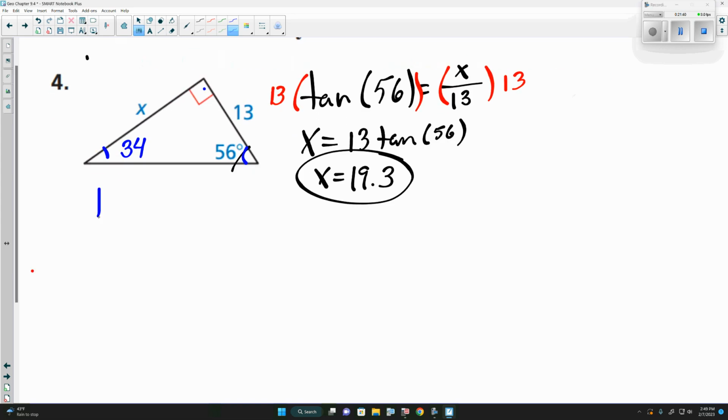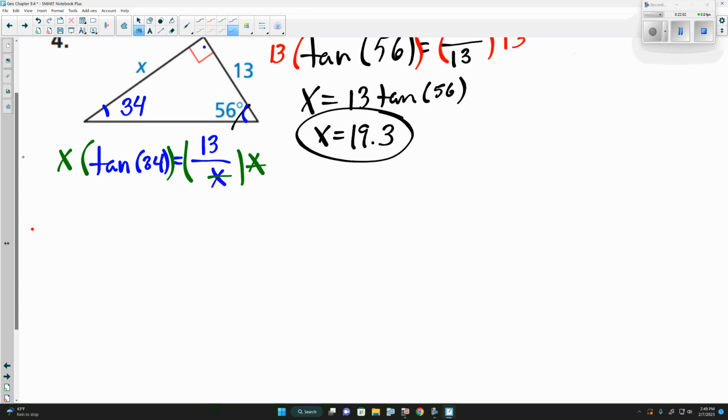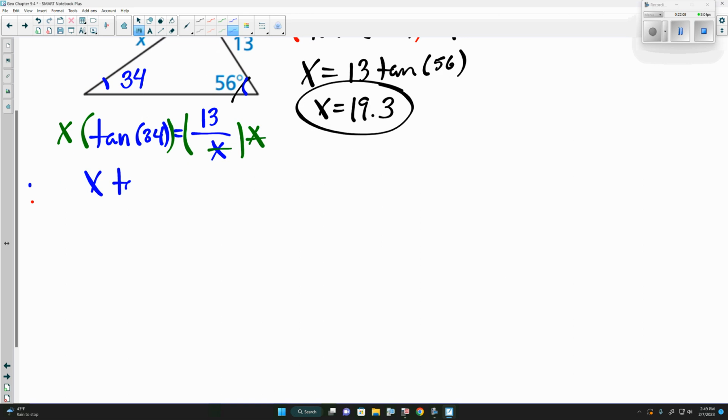Another way I can look at this is tangent of 34 degrees is equal to, the opposite side is now 13, and the adjacent side would be x. Now we can multiply both sides by x. These here would cancel, telling me that x times tangent of 34 degrees is equal to 13.